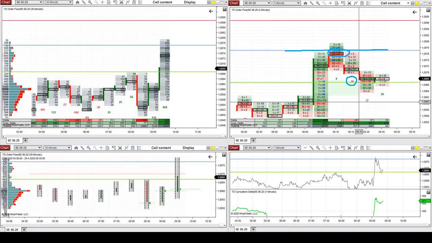And delta is positive. This is an important thing to notice, because this candle closed lower than it opened, so it is a selling candle, but delta is positive. Also, heavy volumes in this footprint are in the upper half, and there are not really too many heavy volumes traded lower.